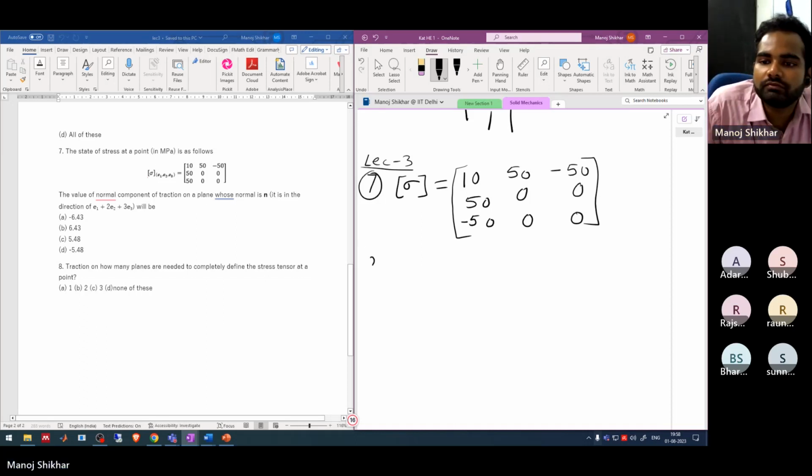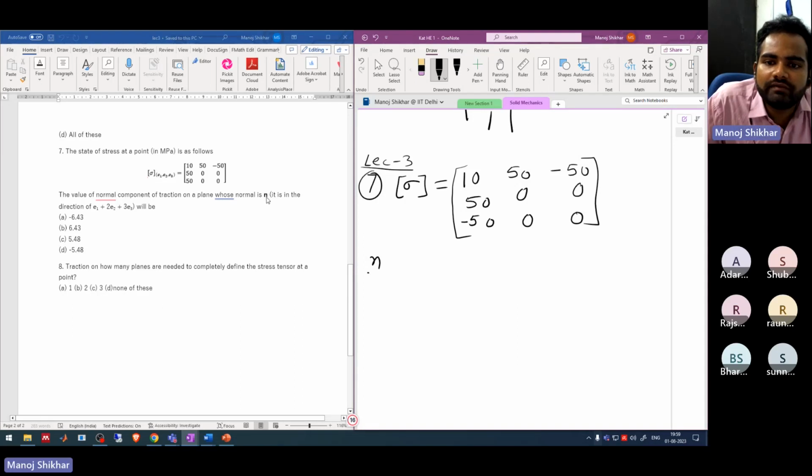So, plane of normal n. The tricky part which I saw my students struggle with is they did not divide this vector by its magnitude. You can see that the magnitude of this vector is greater than 1.